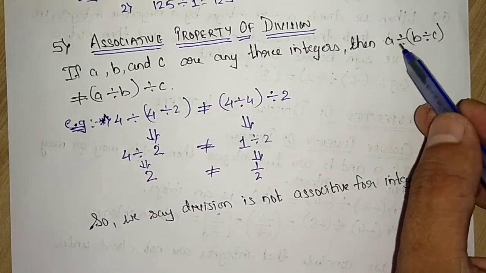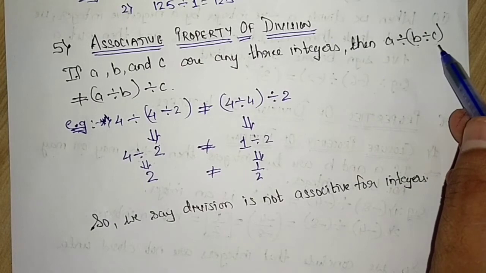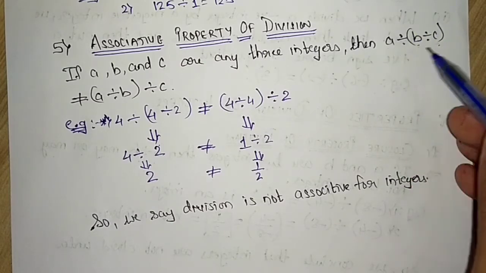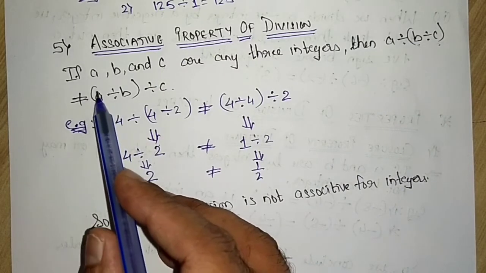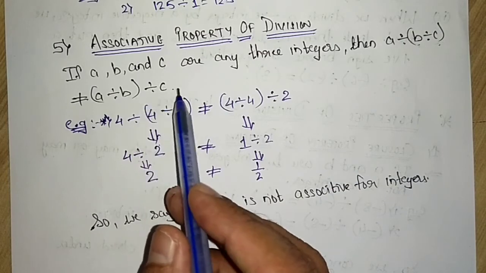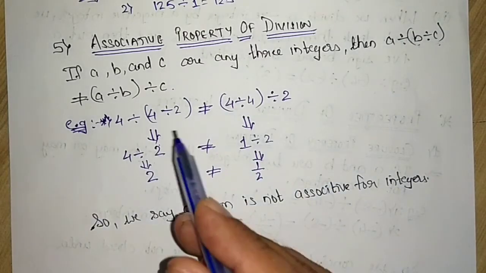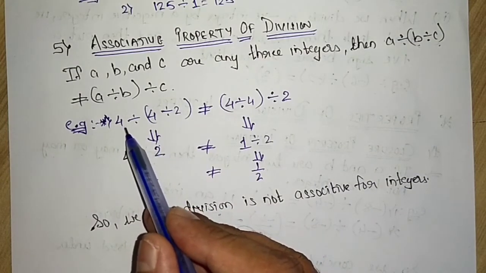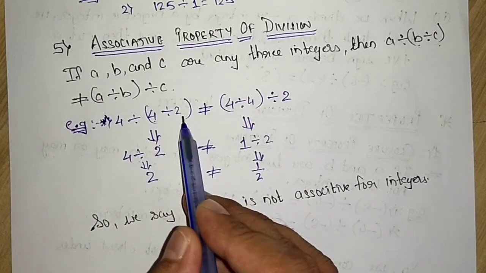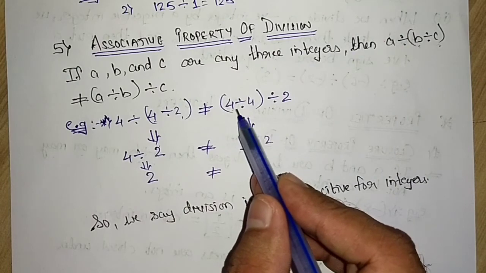That means if you group the second and third of three integers, and divide a by the resulting answer, it is not equal to grouping the first two integers and dividing the resulting answer by c. Example, here I have taken three integers 4, 4 and 2. On the LHS I have grouped the second and third, and on the RHS I have grouped the first and second.